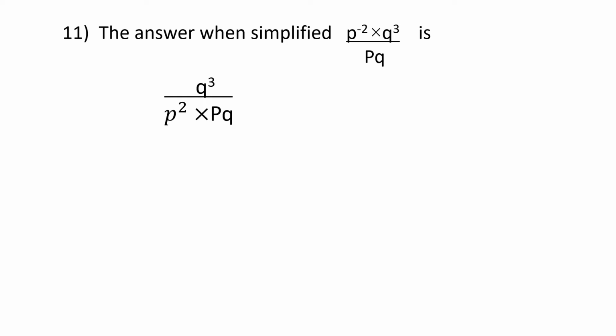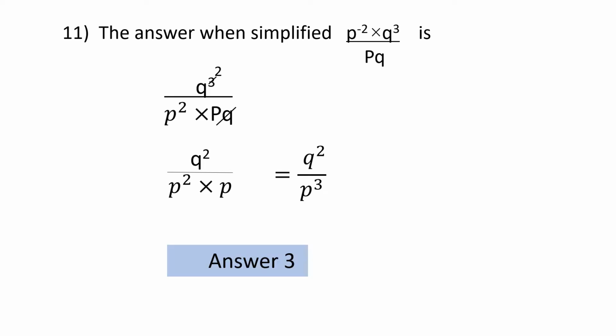Now you can simplify q with q^3. The remaining at the numerator is q^2. Now you can write the remaining as q^2 divided by p^2 multiplied by p. It is equal to q^2 divided by p^3. The answer from the given answers is answer 3.